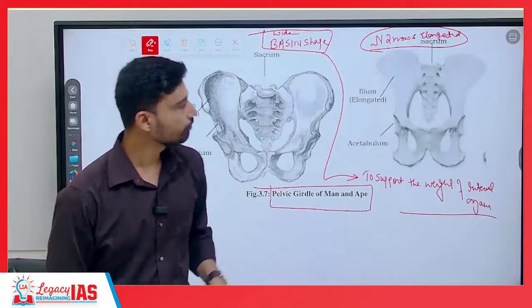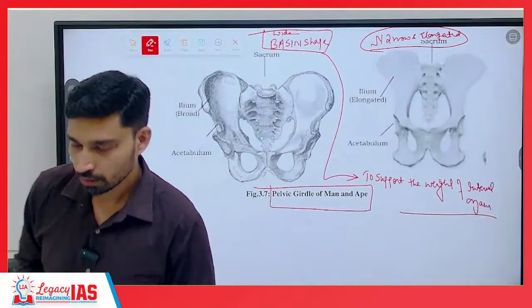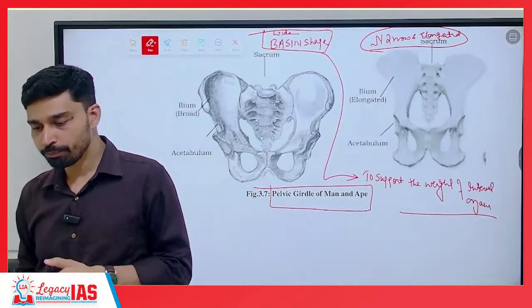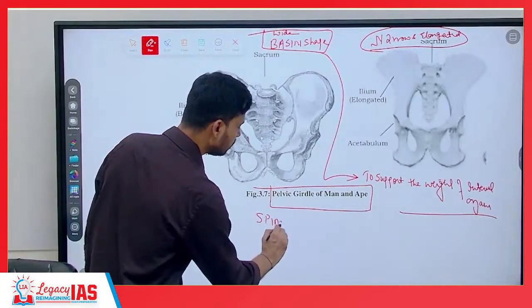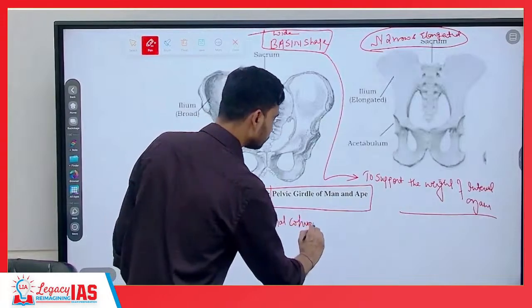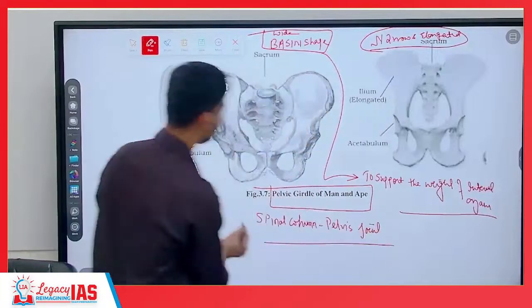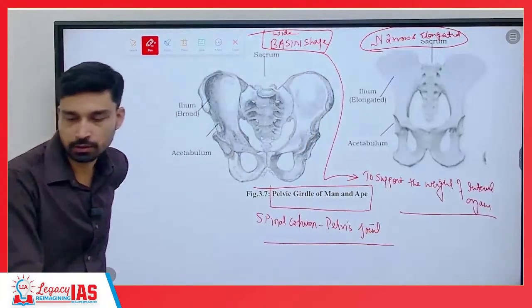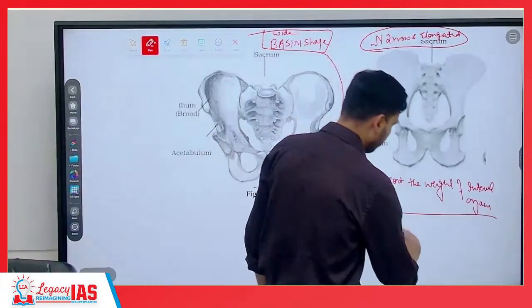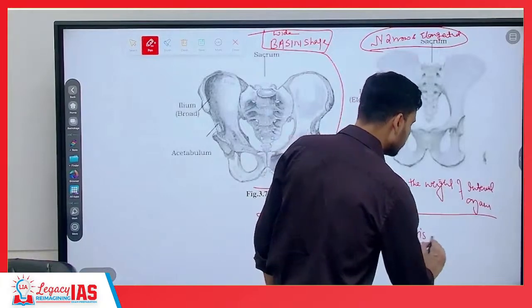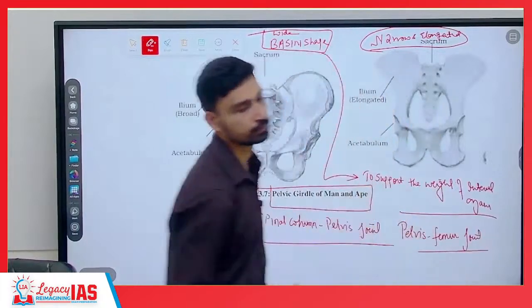Then the second point we can write: the spinal column and pelvis joint is closer to the pelvis and femur joint in man.